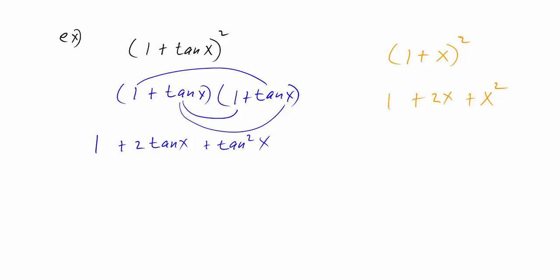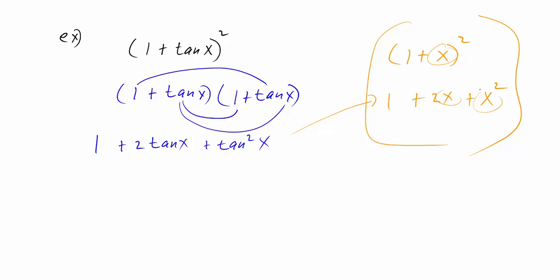And you'll notice when I wrote this out, this is similar to the one over here, 1 plus 2x plus x squared. So if the trig function is causing you some problem to see what to do, replace that trig function like I did over here with a variable, with this x, and see what you would do.